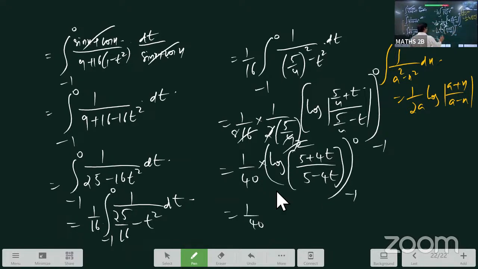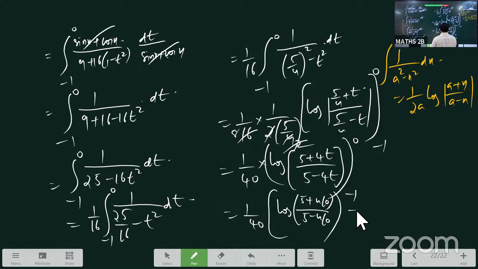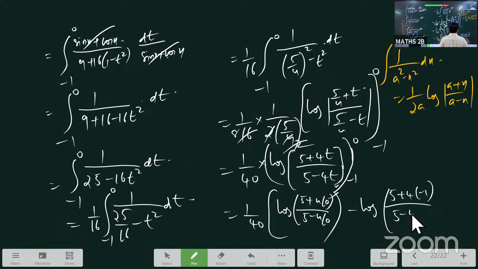That is 1 by 40. Apply your limits. Log, upper limit 5 plus 4 into 0 by 5 minus 4 into 0, correct? Minus log of 5 plus 4 into minus 1 by 5 minus 4 into minus 1.